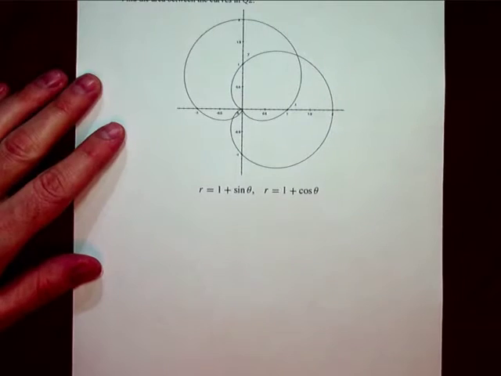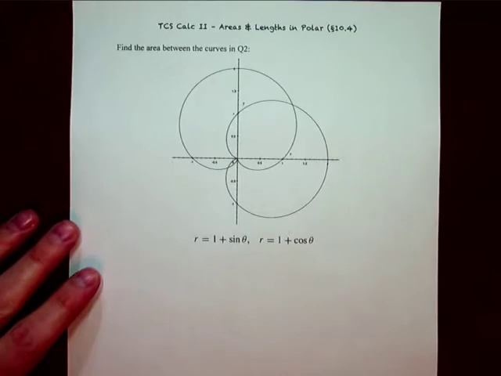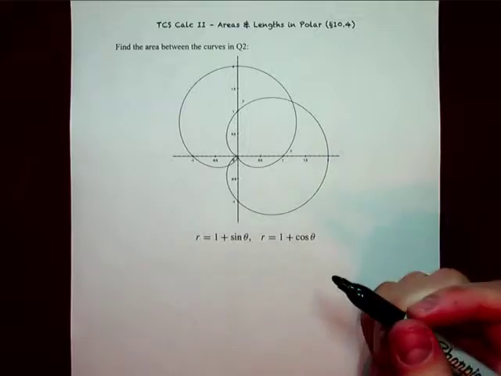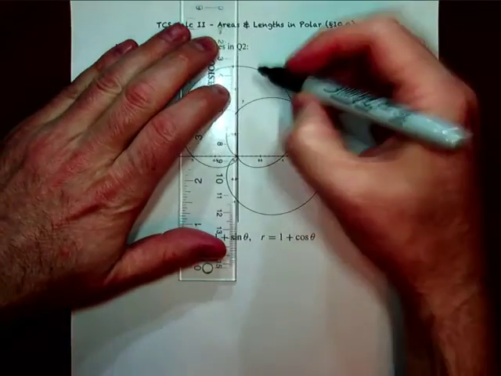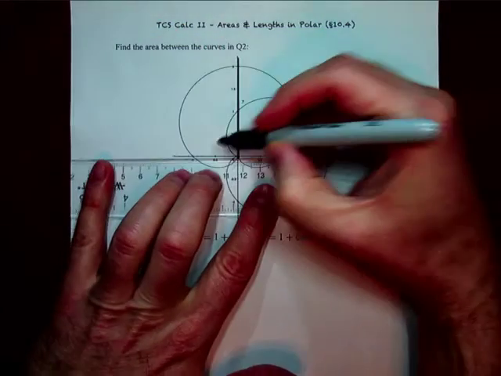Now let's go back to that same graph, the same two equations, and let's say I wanted to find the area between the curves in quadrant 2, okay? Well, let's remind ourselves visibly, marking off quadrant 2.